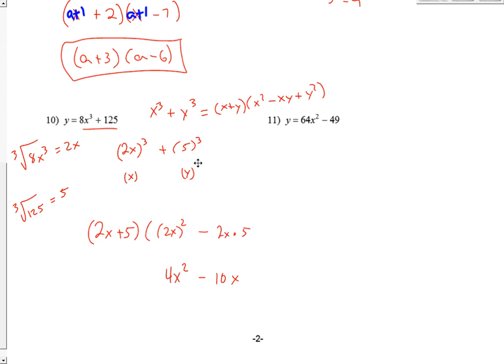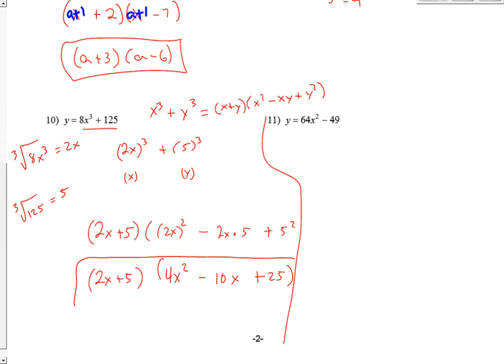And then I take the y value and square it. So 5 squared is 25, so plus 25. So I have my 2x plus 5 times 4x squared minus 10x plus 25. And that's my answer, my factors.